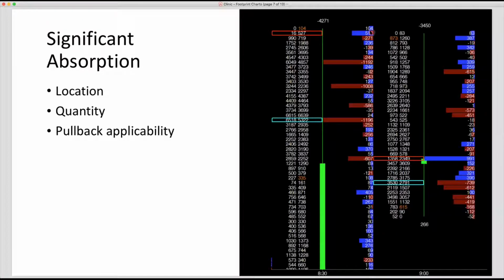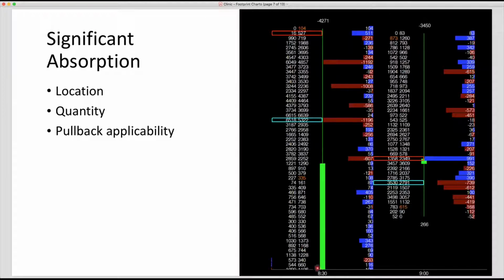You will find days where it will get to the first hour high or low, or reach the low of the day, and there's a frenzy of activity, and 1,500, 2,000, 2,500 contracts are absorbed, sometimes even at the most extreme price. This is really significant. This represents kind of stopping volume, and we will quickly go the other way. But it's important to review the product that you trade and start to understand how much volume is significant when we're at an extreme.